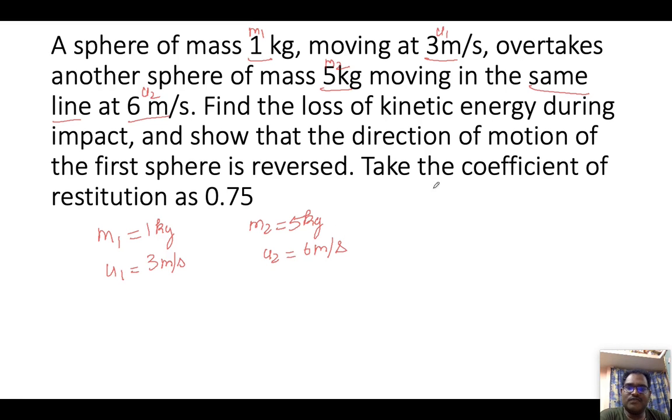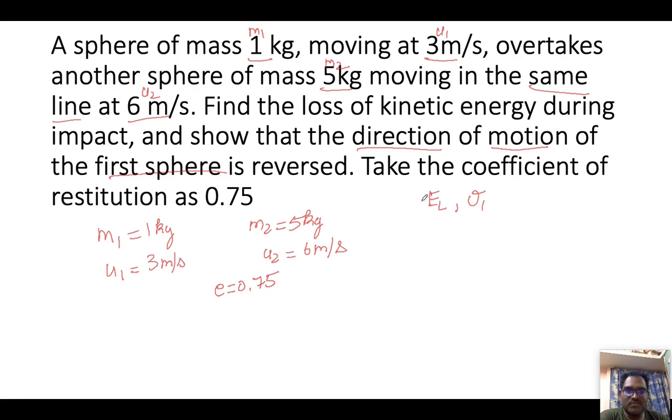They have asked us to find the loss in kinetic energy, and they have also told that e is equal to 0.75. And the direction of motion of the first sphere is reversed. You are asked to prove it, so you have to find the value of v1 in this case also.